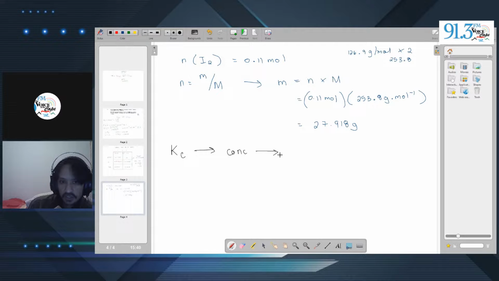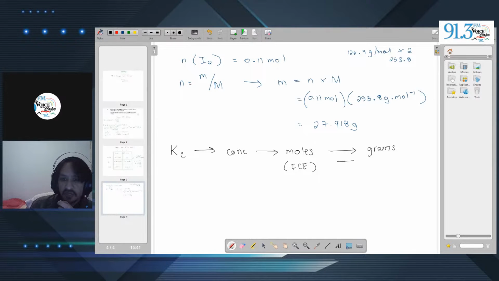From concentration, we converted to moles, and this is where we use the ice table. And from moles, we were able to convert to grams. See that? Very, very easy. And that was just the steps we took. Normally, the steps you take are the reverse of this.